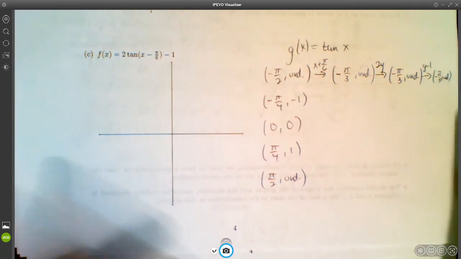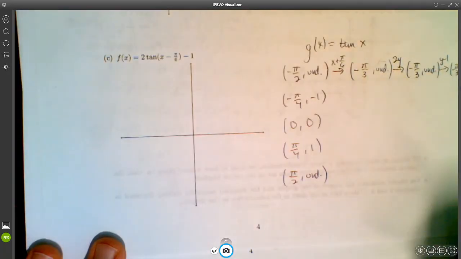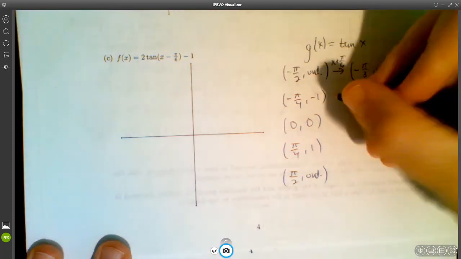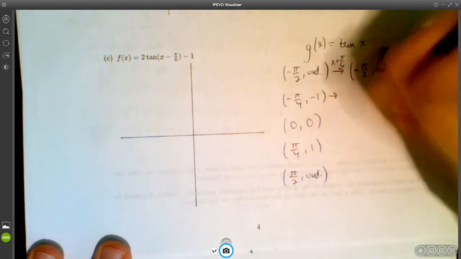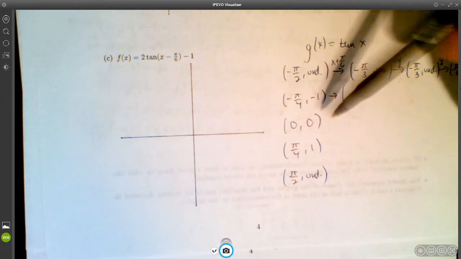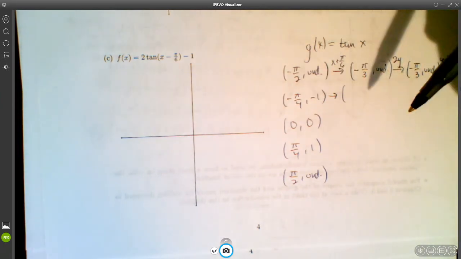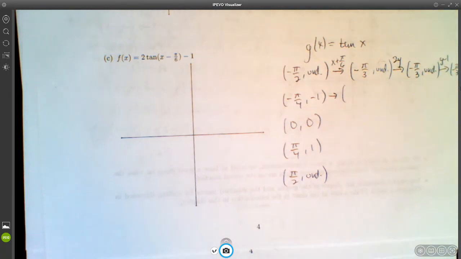So we have an asymptote, it looks like, at negative pi over 3. Negative pi over 4, negative 1. So if I add pi over 6, oh goodness, negative pi over 4 plus pi over 6, I'm going to use my calculator.